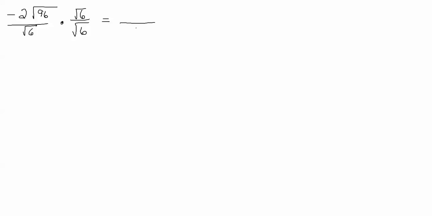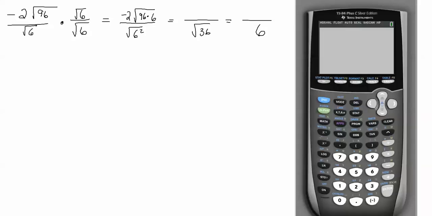So in the denominator, I have the square root of 6 squared, and that gives me the square root of 36, which gives me, sorry, not the square root, it gives me 6. In the numerator, I have -2 times the square root of 96 times 6, and let me just open my calculator.